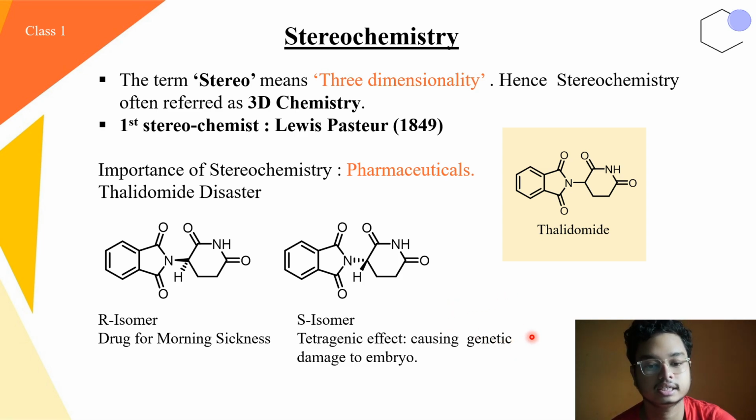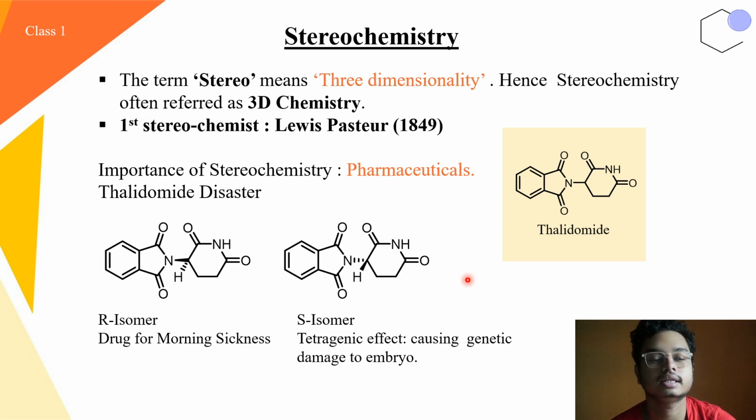When investigating this case, it was found that the R isomer alone is the morning sickness drug and the S isomer is toxic to the body.